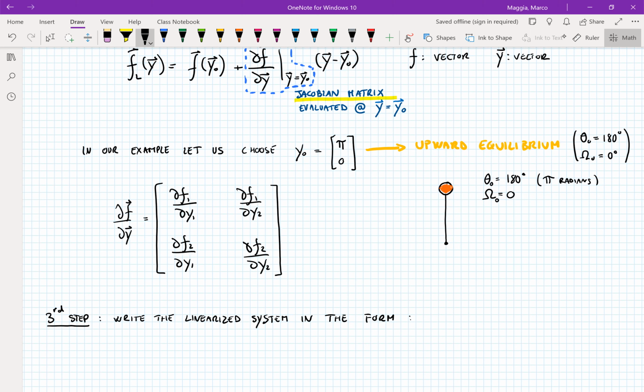What are y1 and y2? Well, in this case, they're going to be equal to theta and omega. Just gonna move this up here.